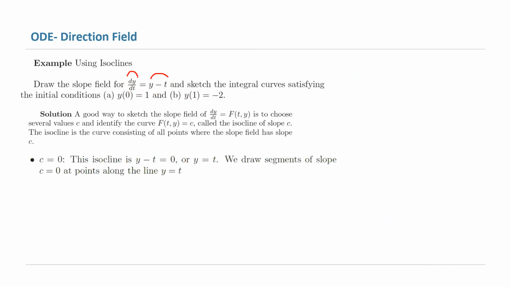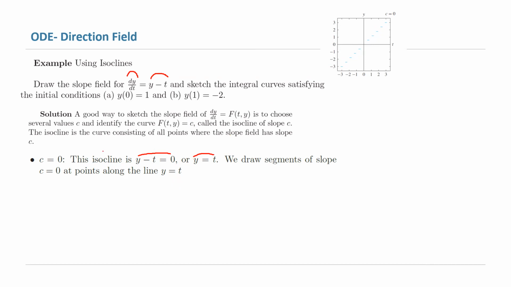So take a look. If I plug in 0 for c, y minus t becomes 0. What's the meaning of that? It means that y and t are the same thing, or y is equal to t, right? Very good. You get a set of line segments with slope equal to 0.